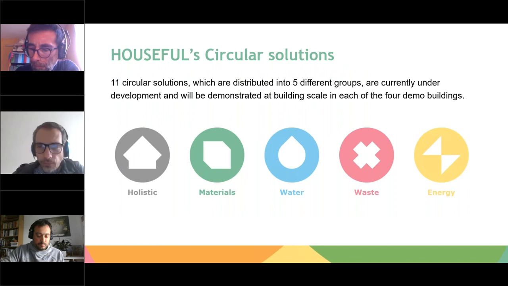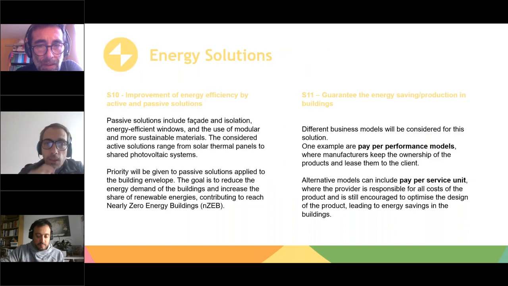The solutions are holistic, they try to attack every vector and every parameter of our buildings. There are specific solutions for materials, for water, for waste, and for energy.